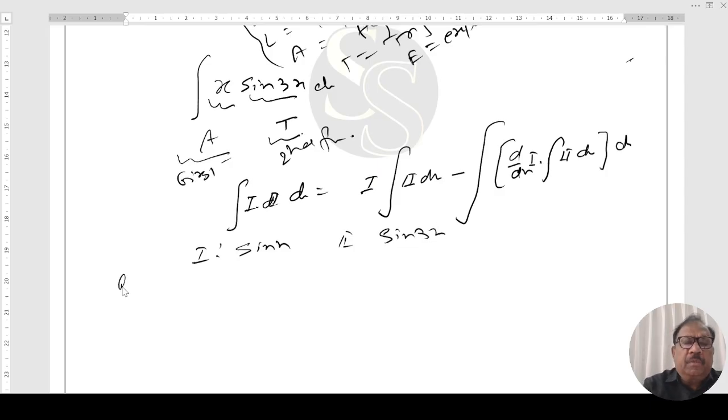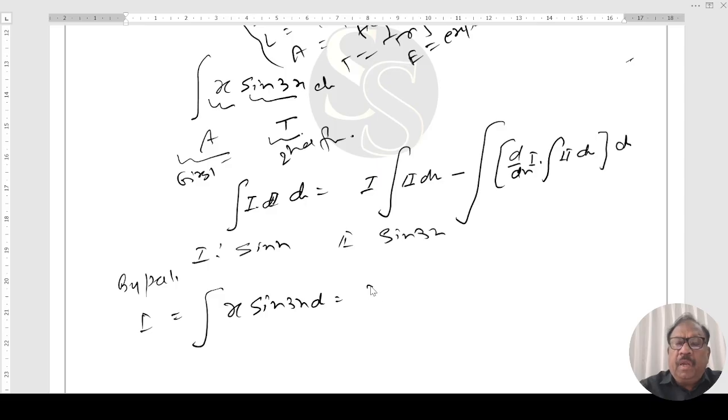So by parts, the integration of x sin 3x will be equal to the first function x into integration of sin 3x, minus the integration of d by dx of x into the integration of sin 3x dx.